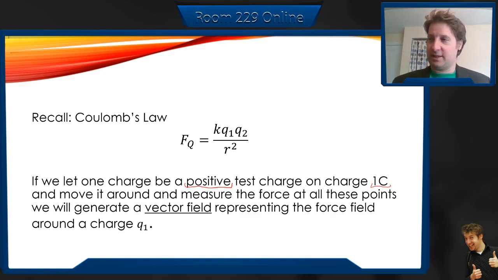This is a fascinating idea that we're defining what we call a vector field that represents all the force felt around that one charge Q1. Mathematically, it's really fascinating because we are now going from a three-dimensional view. So let's say we have our charge here. This is in 3 dimensions. So anywhere in this volume, you're going to define a point x, y, and z.